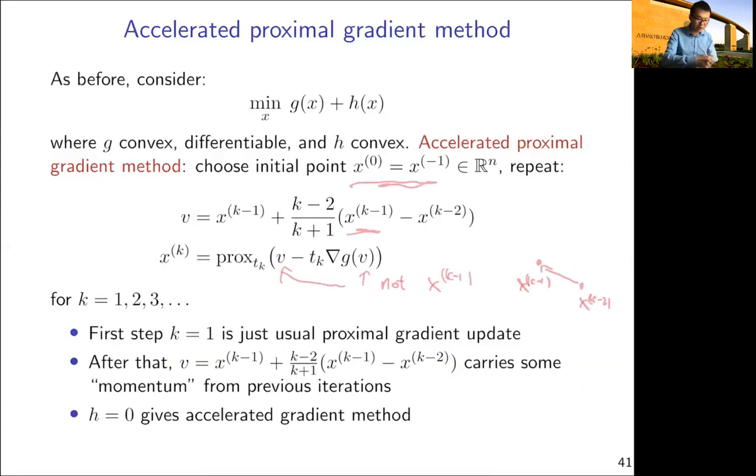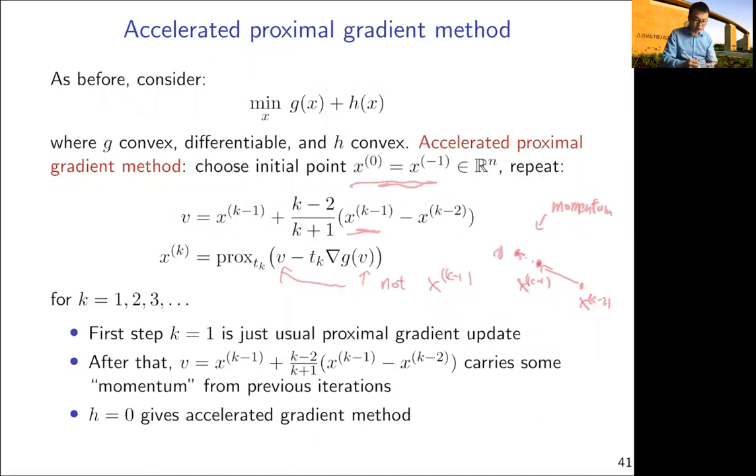So what this is saying is that instead of taking the gradient step at this location before you take the prox step, you actually extrapolate a little bit more. You move a little bit more into the future, and that is the reason why this is called momentum. There's a little bit of momentum inherited from the previous iterations that moves you a little bit forward, extrapolating this direction.